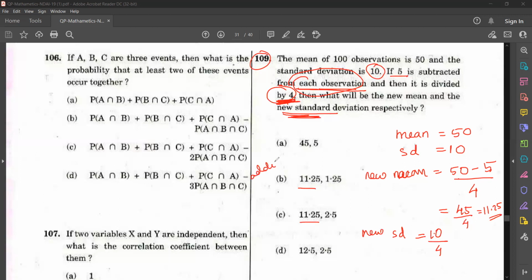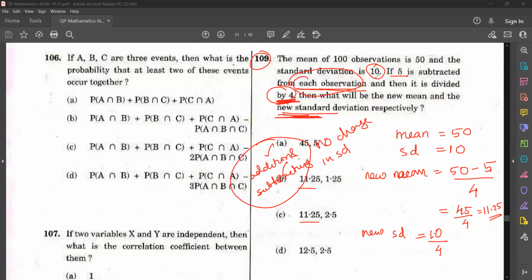Addition and subtraction do not have any effect: if we add or subtract the same number to each observation, there is no change in standard deviation. But if we are dividing or multiplying, it will have an effect.